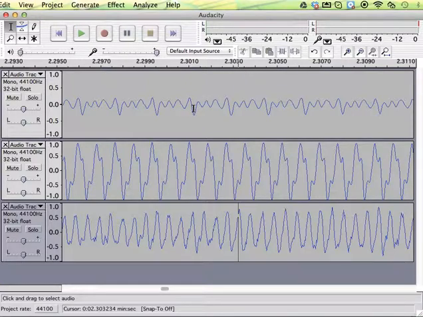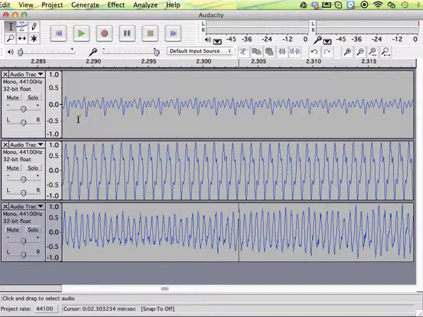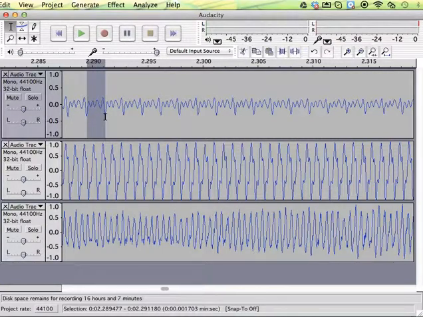So in the top example, which was the lowest note, let's see, we could measure the time for 10 of these main waveforms. So that's 1, 2, 3, 4, 5, 6, 7, 8, 9, 10.